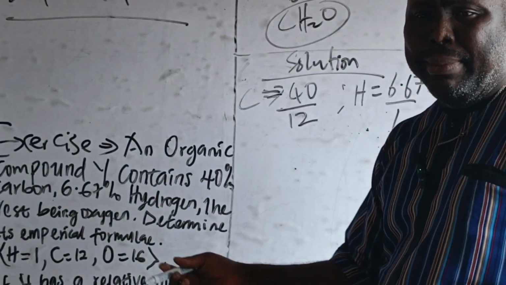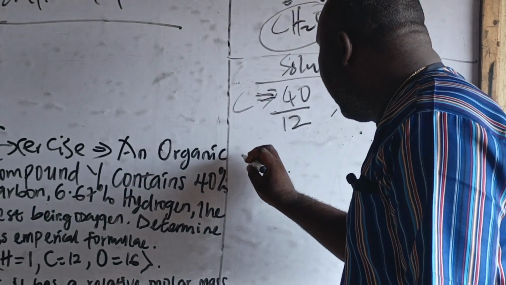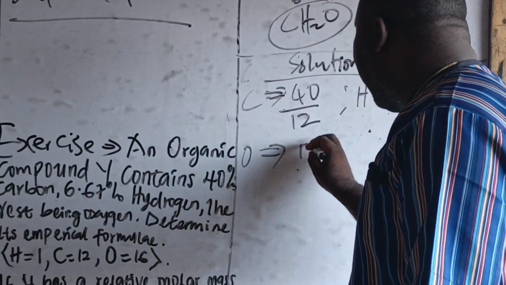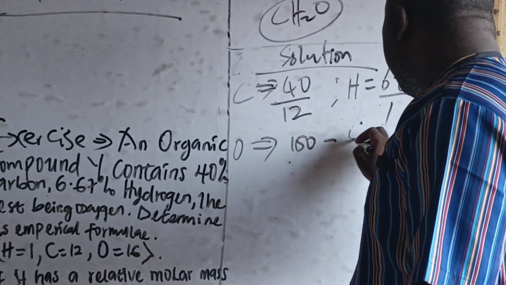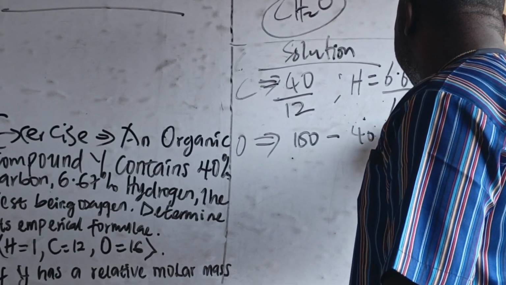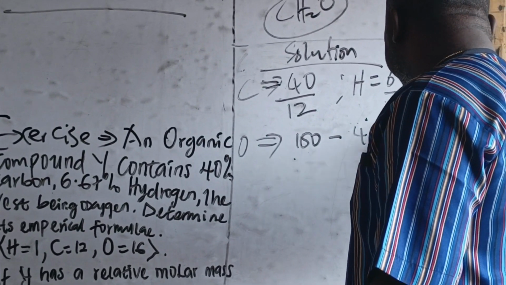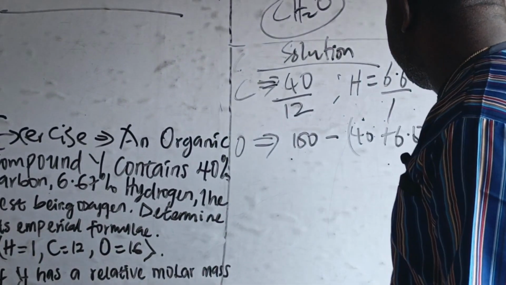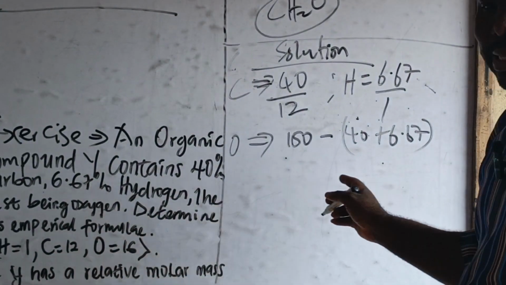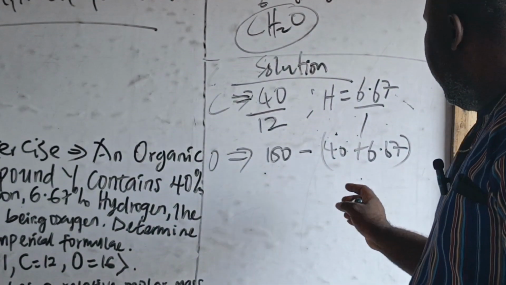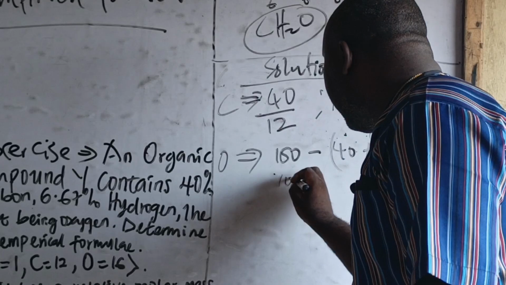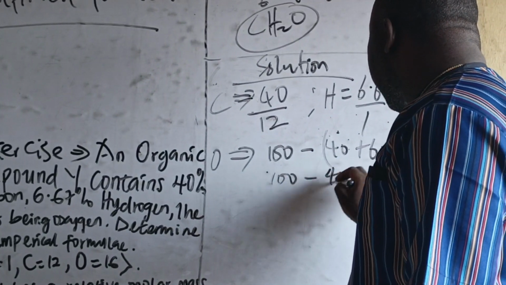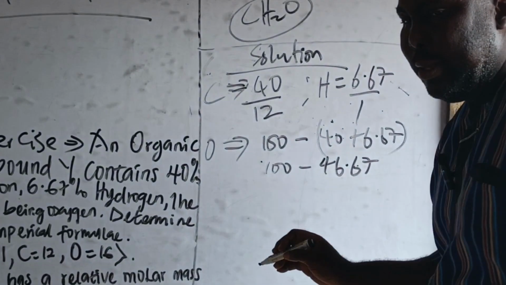How do we get this remaining percentage? For oxygen, it is 100 minus 40 plus 6.67. So 40 plus 6.67 will give us 46.67.